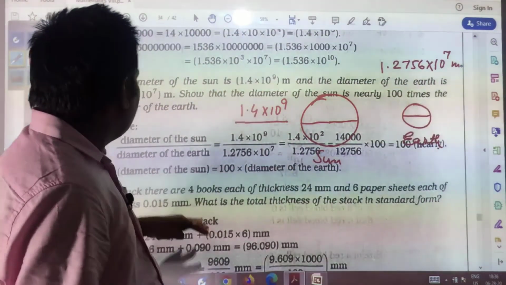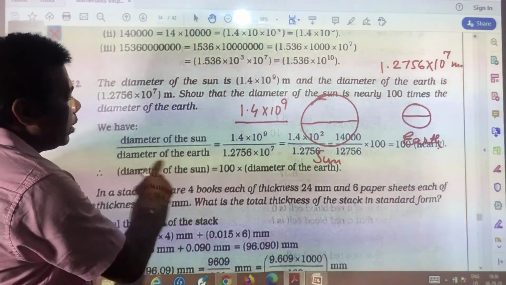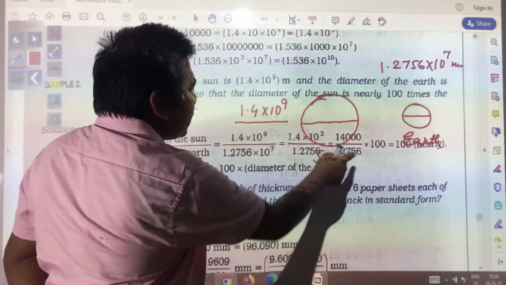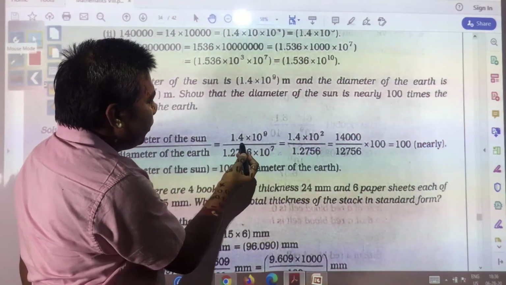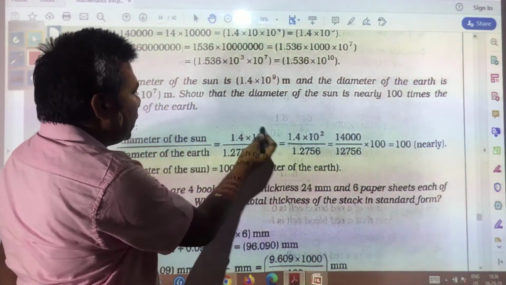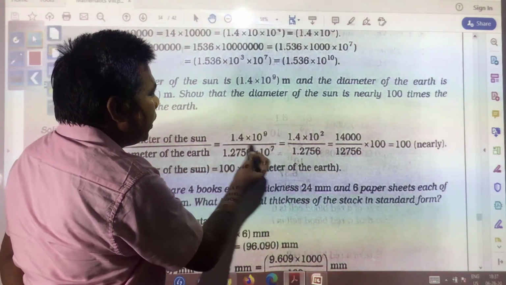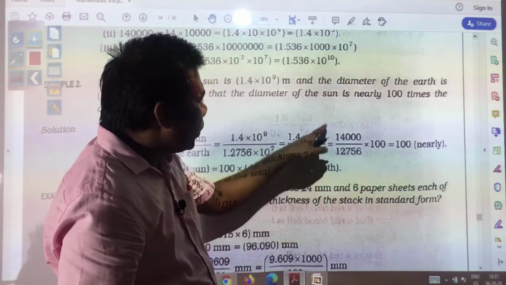So, what you will need to do, here you see diameter of the sun divided by diameter of the earth, you need to write and then you simplify, you will get approx about 100. Here you see 1.4 into 10 to the power 9, that is the diameter of the sun, and 1.2756 into 10 to the power 7, the diameter of the earth. 1.4 into 10 to the power 2 it has been written.